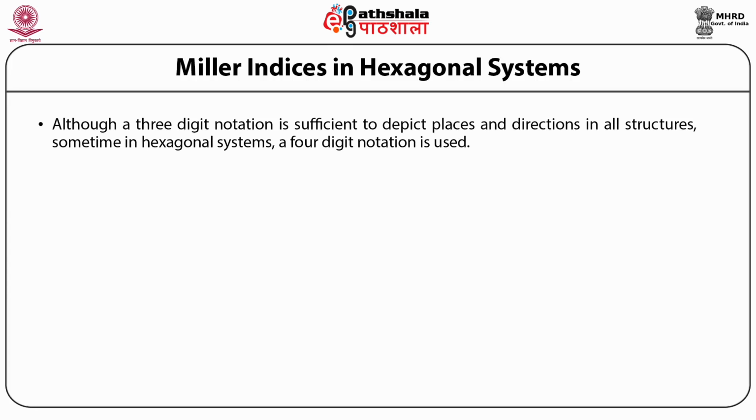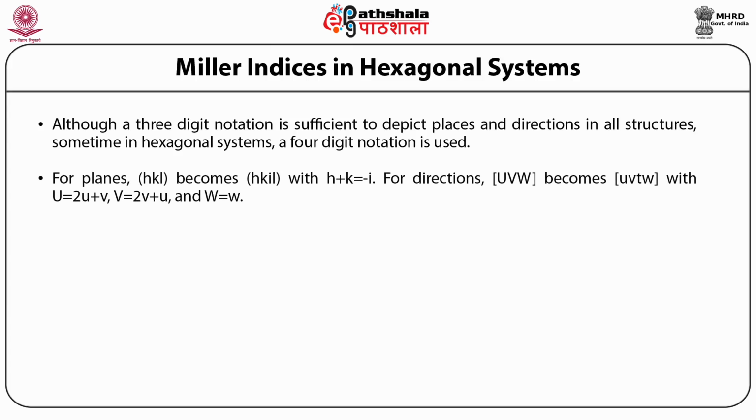Miller indices in hexagonal systems. Although a 3-digit notation is sufficient to depict planes and directions in all structures, sometimes in hexagonal systems a 4-digit notation is used. For planes (hkl), it becomes (hkil) with h plus k equal to -i.